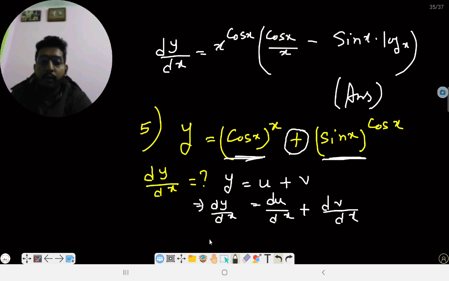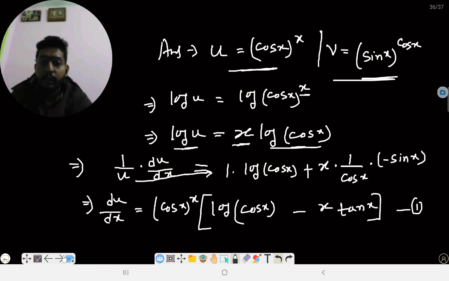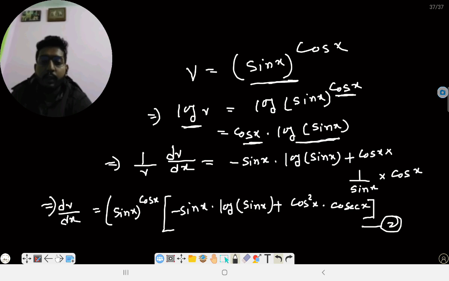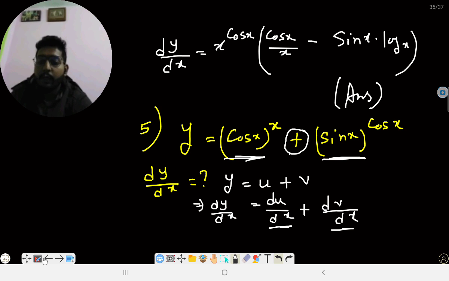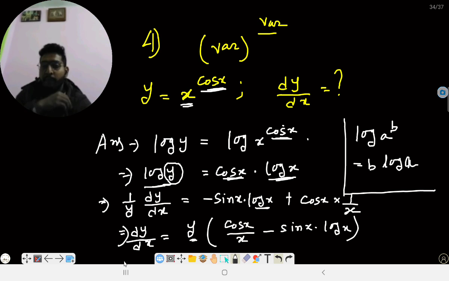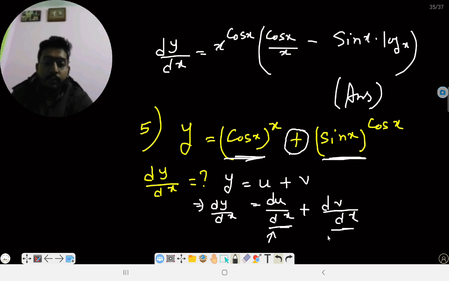Now we know the values of du dx and dv dx. So the value of du dx is here, the value of dv dx is here. So you just have to put the values here and we will get the result, like this.